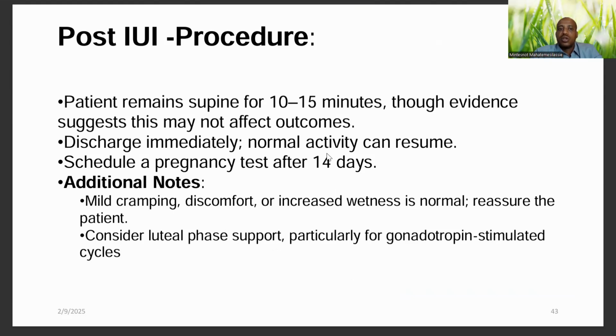Even though there is no strong evidence for this, we can discharge the patient immediately after the procedure. We can schedule a pregnancy test after 14 days, preferably by serum-based HCG. We have to tell them some of the danger signs. There could be mild crampy pain, discomfort, or wetness, which you can reassure them about. For a few patients, especially those who used gonadotropin stimulation, we can use luteal phase support with progesterone.